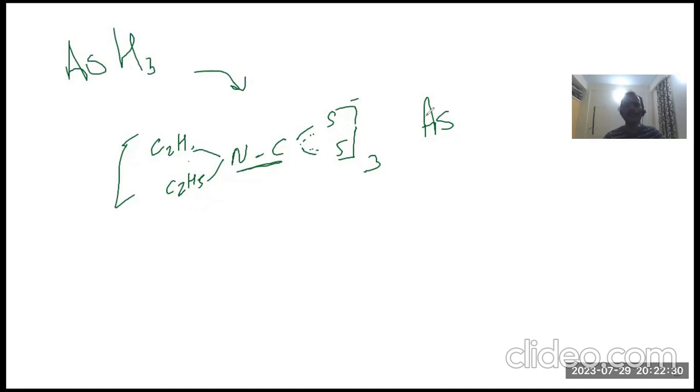If it makes a complex with 3 molecules of this reagent, then this complex will be neutral. So finally, overall it is a neutral species. By this way it will give color, and according to intensity of color you can measure arsenic from your sample.